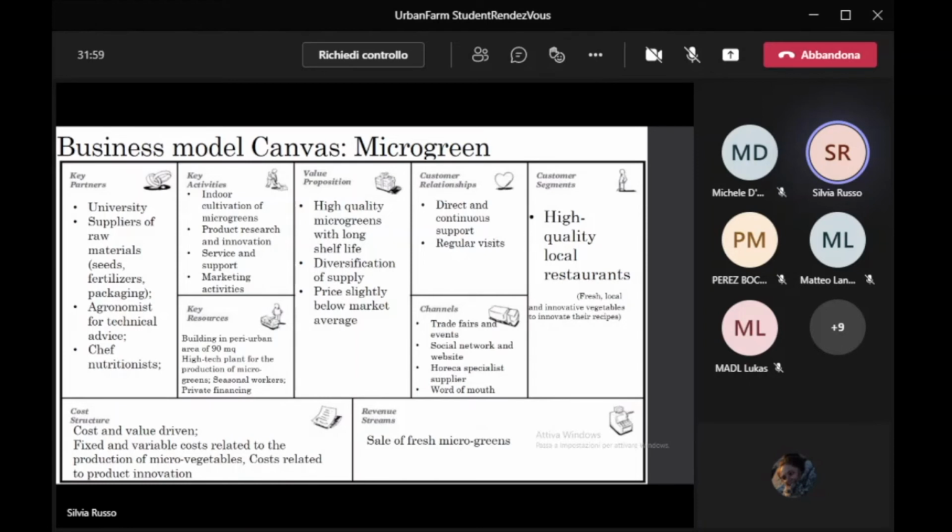At the end, we are talking about a cost and value-driven business model, and for the cost, we have fixed and variable costs related to the production of microgreens, and also costs related to product innovation.